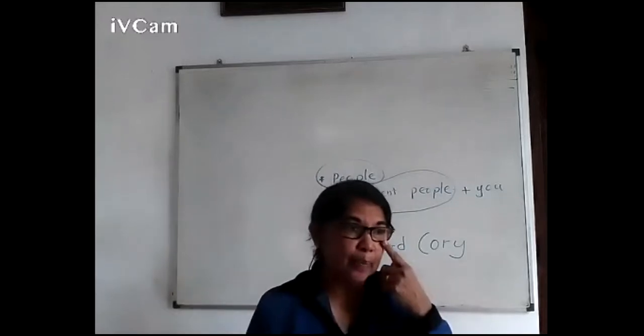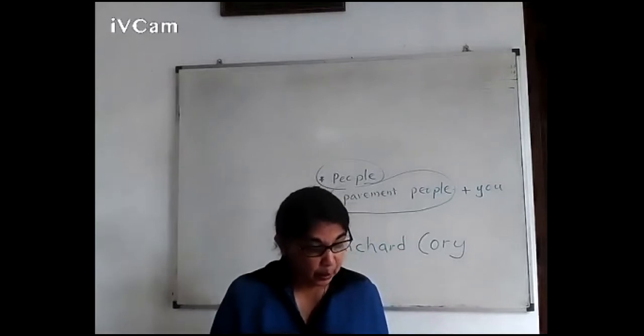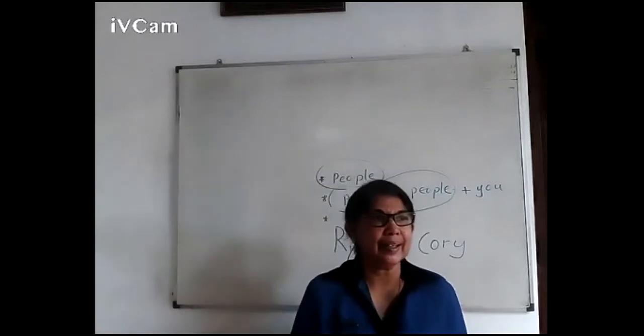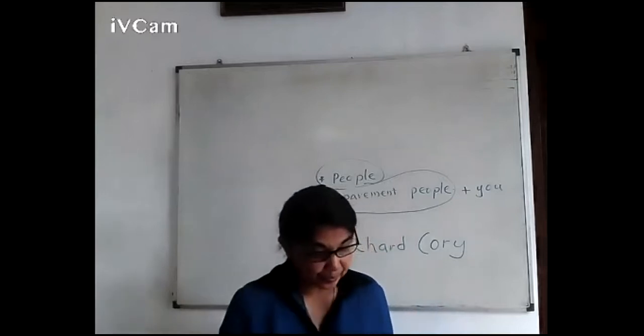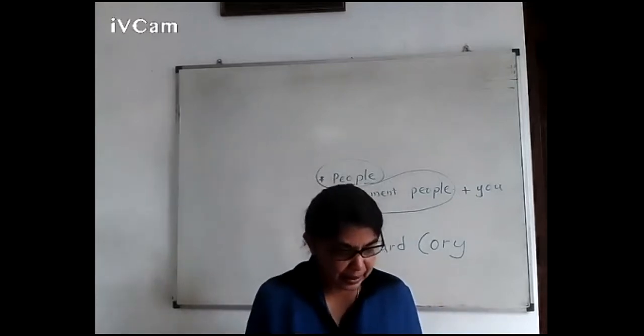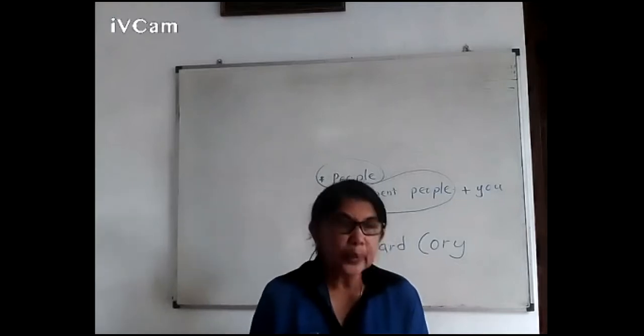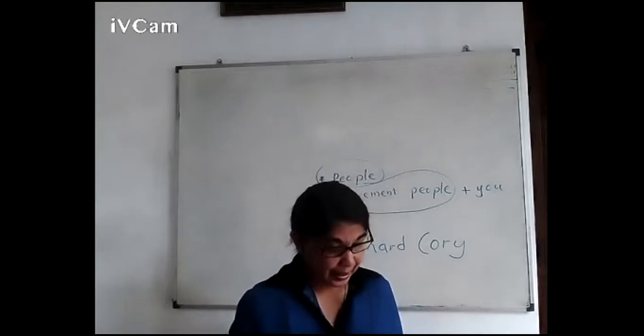So there the poet clearly explained who is looking at Richard Cory. It clearly mentions pavement people. They looked at Richard Cory.